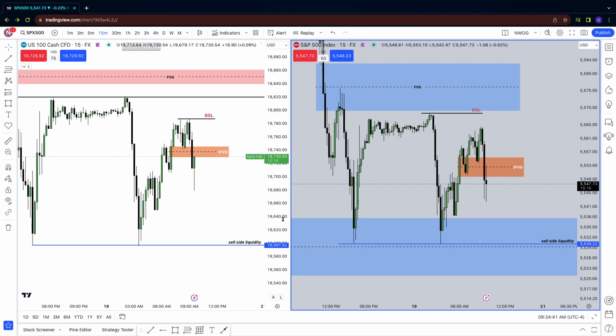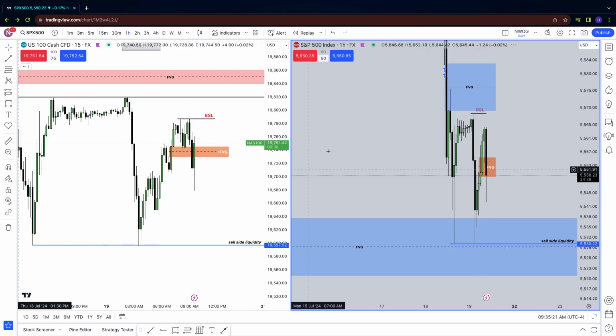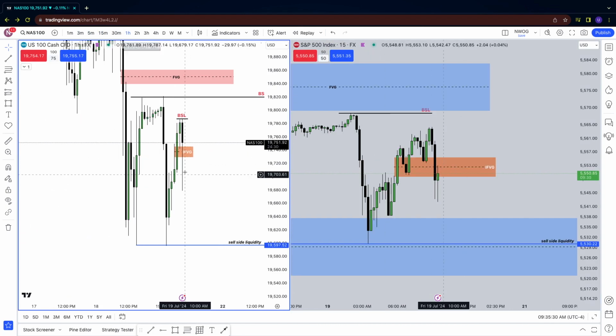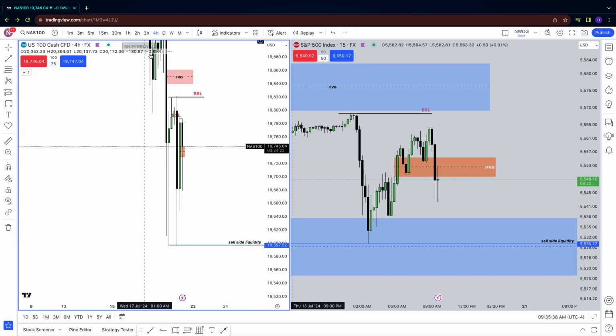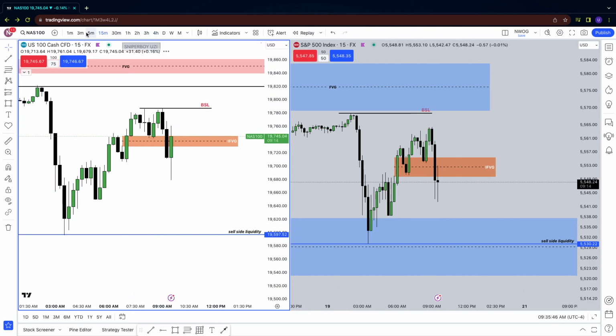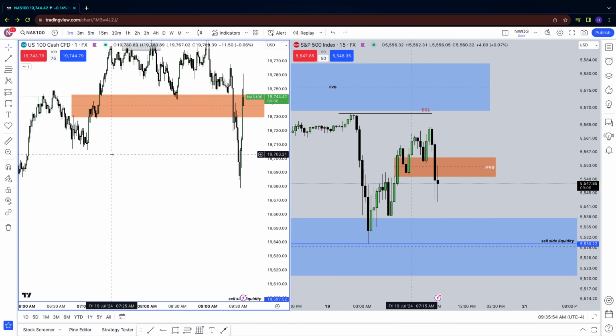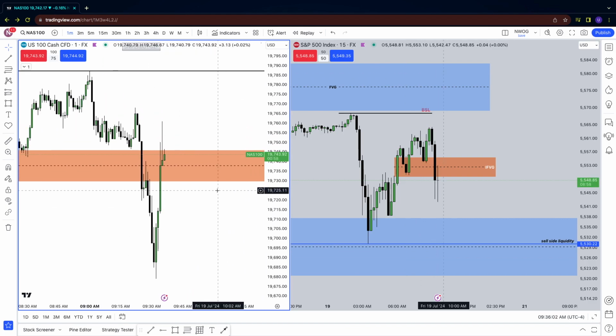If we close past the 50%, the mean threshold of the order block, then I could have targeted that sell side liquidity. Because price rejected the order block from there, I was looking at the buy side liquidity, which I had highlighted out. And of course, same with the ES, it was digging down to its inefficiency, which I was waiting for.